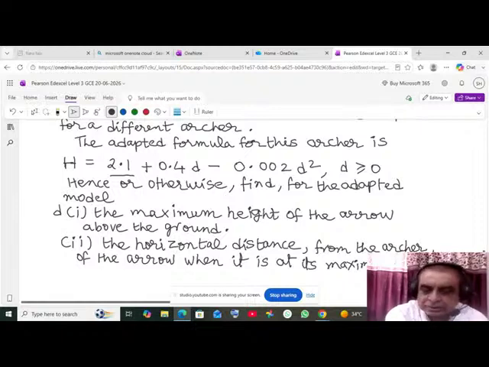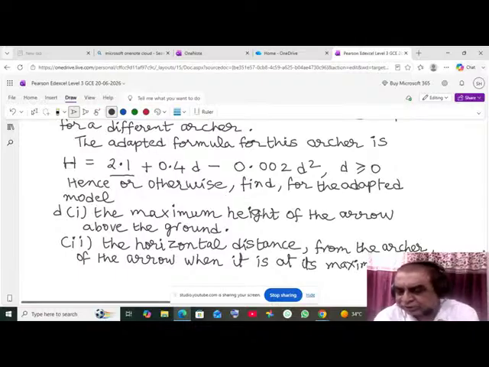The second part: the horizontal distance from the archer of the arrow when it is at the maximum height. What is the horizontal distance of the arrow from the archer when the arrow is at the maximum height?